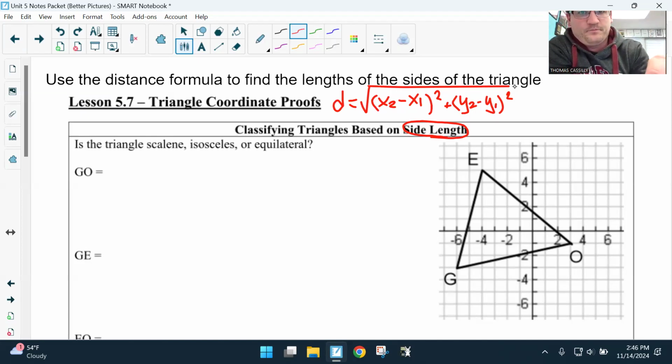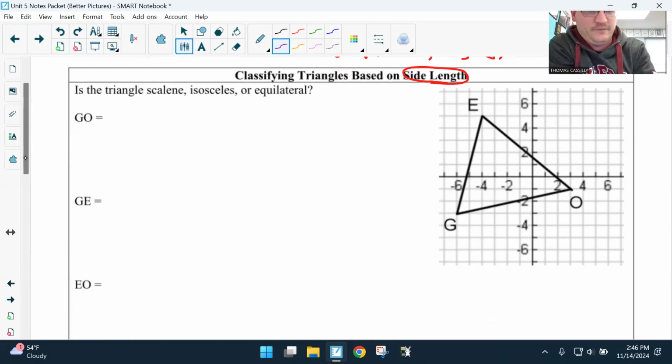Now, we're going to have to do that 3 times on this problem, because we have to figure out the length of GO, the length of GE, and the length of EO. They're asking, is it scalene, isosceles, or equilateral? So we need to know what all 3 of those terms mean.